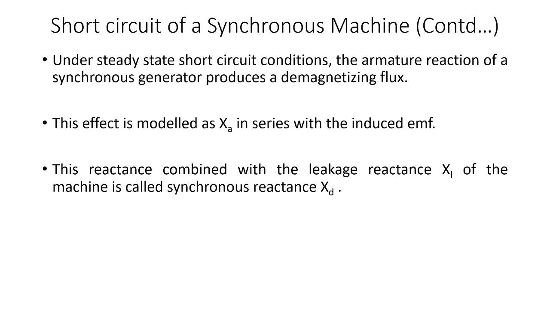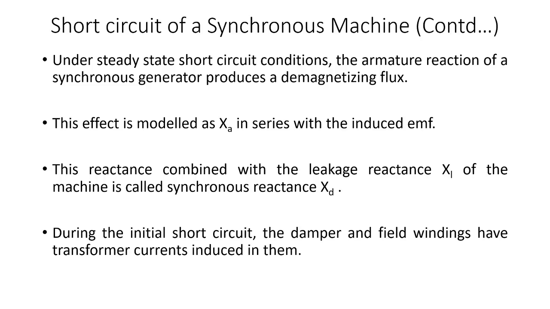It is the representation of the demagnetization flux in the circuit, and it is modeled as a reactance which is called XA, whereas XL is actually present, it is the actual leakage reactance which is present in the line and which limits the fault current which flows in the case of a symmetrical short circuit. Now this XA combined with the leakage reactance XL of the machine is called synchronous reactance XD.